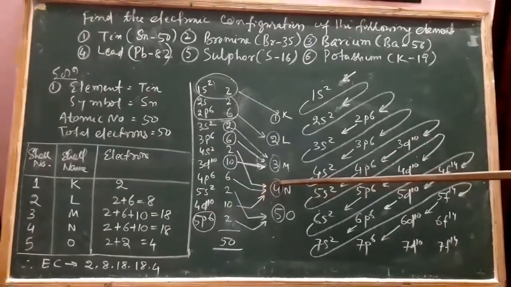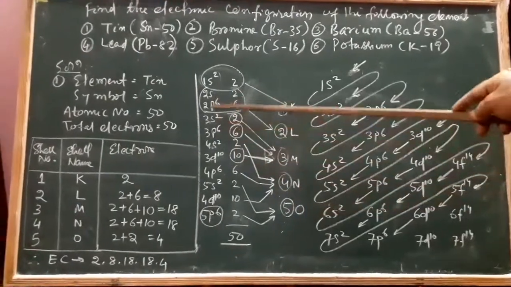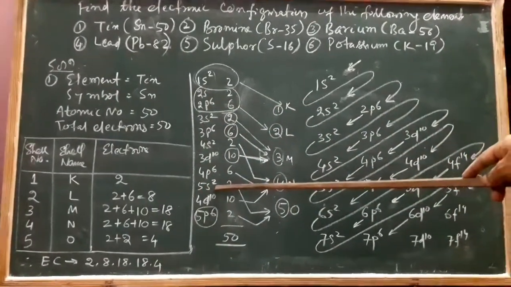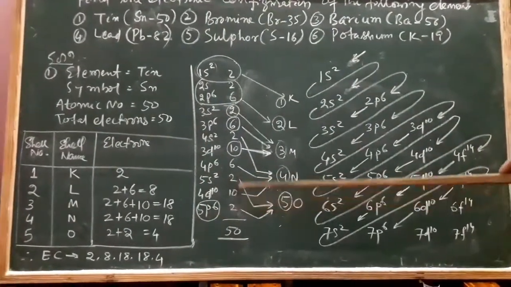These 3 are added here. Similarly for 5, there is only 5s2 and 5p2.